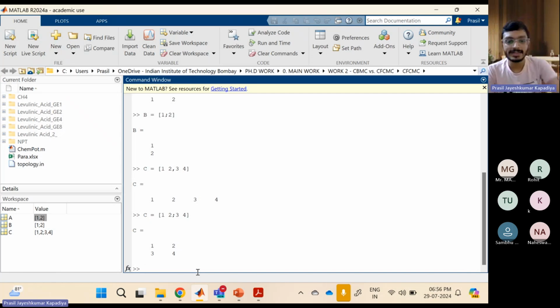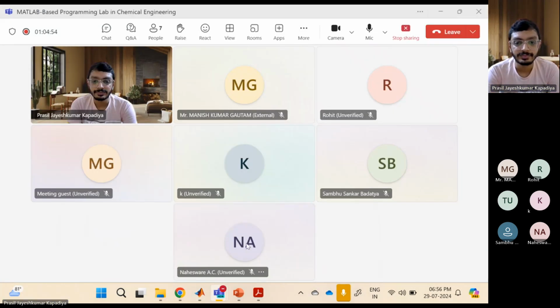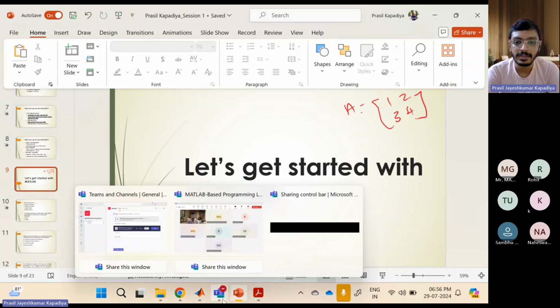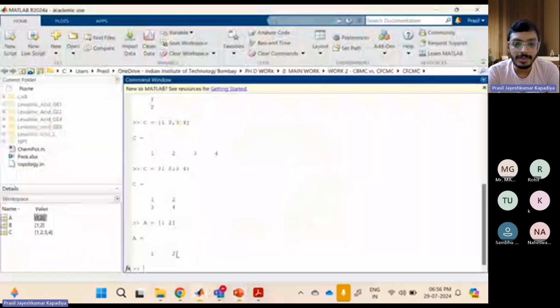Okay, again, I'm going A is equal to 1, comma 2, and I want to find a transpose of the matrix. What is the transpose of a matrix? If my A is 1, comma 2, what should I get when I do the transpose of A? This is my A matrix, and I want to get the transpose.